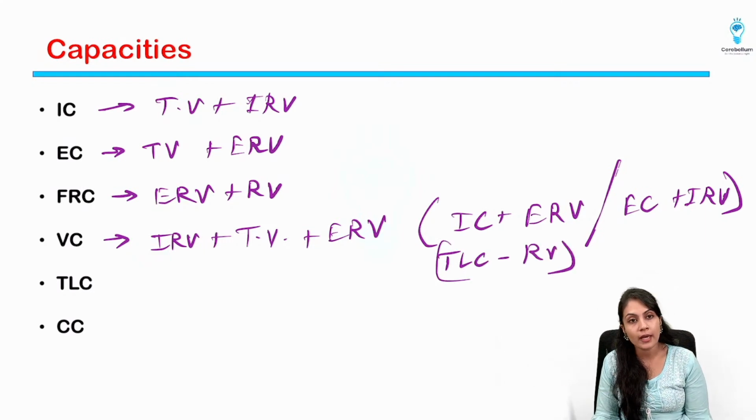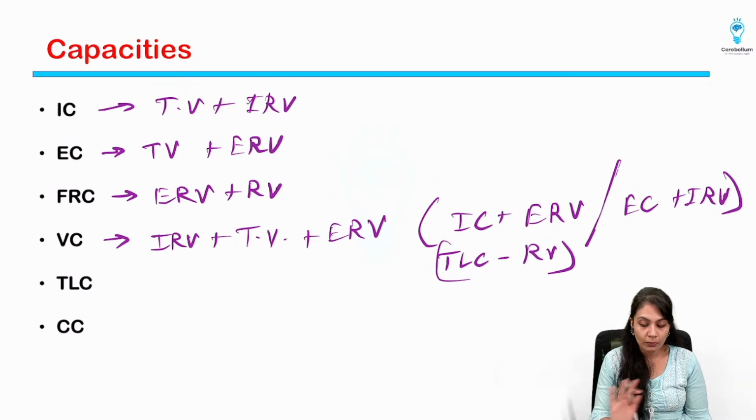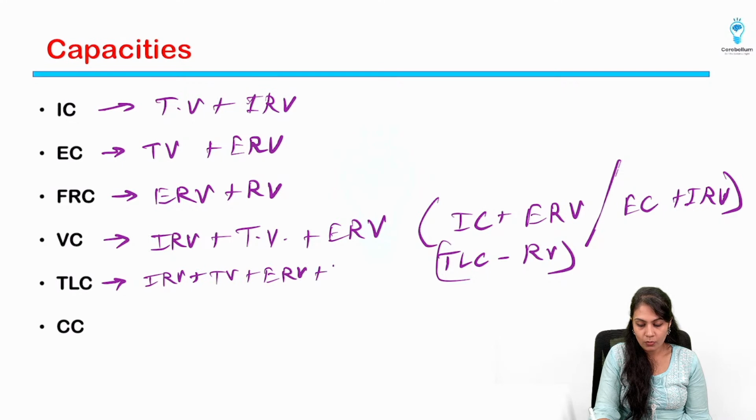No matter what formula they are going to give, if you know the graph, you'll be able to solve the question, right? All the volumes, that is IRV plus TV plus ERV plus RV, is going to be the total lung capacity. I can write in a different format as I have written about the vital capacity also. What is closing capacity? It's the CV plus RV, right?